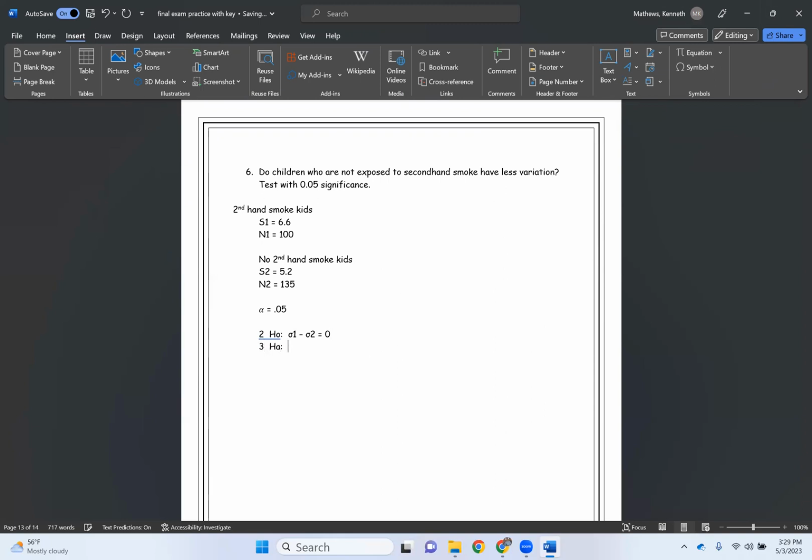The alternative hypothesis: it says, do the kids not exposed have less? That means do the kids who are exposed have more? We're testing to see if S1 is bigger than S2. So that would mean sigma 1 minus sigma 2 would be greater than 0. So it's a one-tailed test.